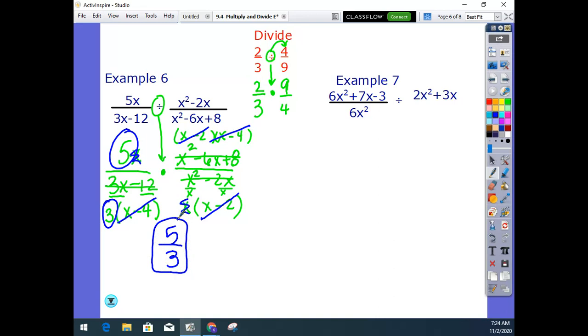All right, example 7. Remember, this is all over 1. So when we rewrite as a multiplication problem, keep the first fraction the same, and we're going to multiply by the reciprocal.